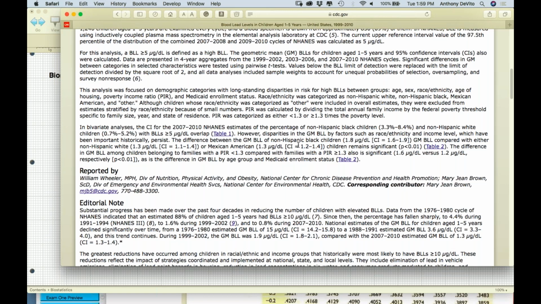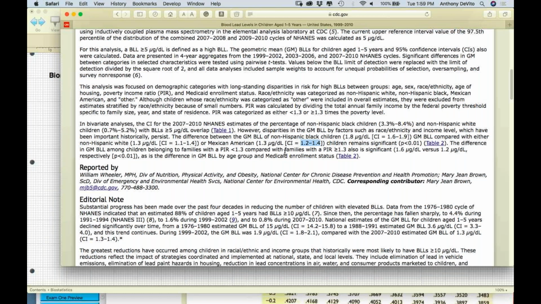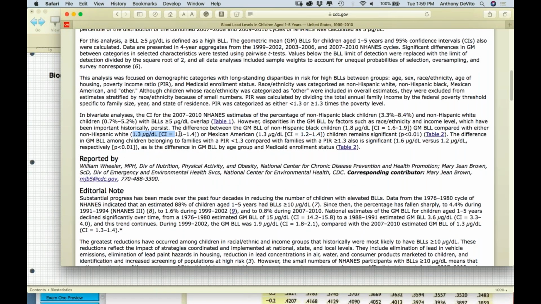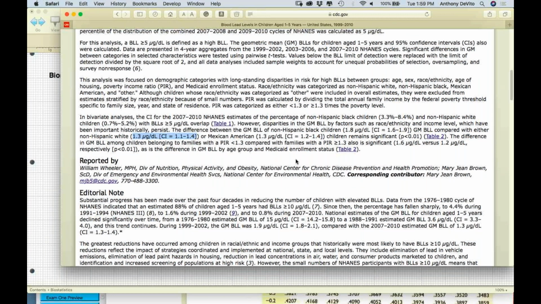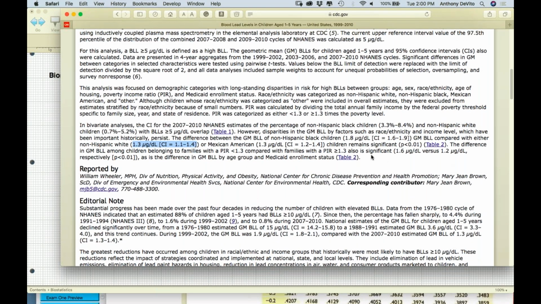They should put 95% in there. They didn't bother to. They're 95% sure that the real blood lead level is between 1.2 and 1.4 micrograms per deciliter.